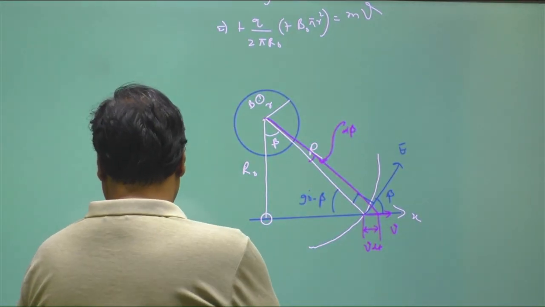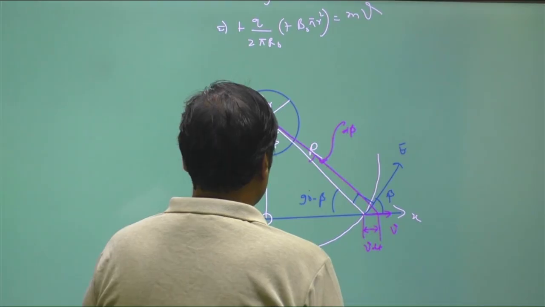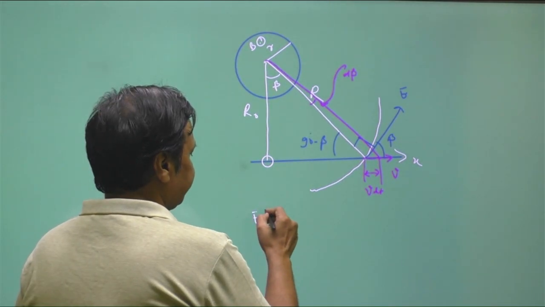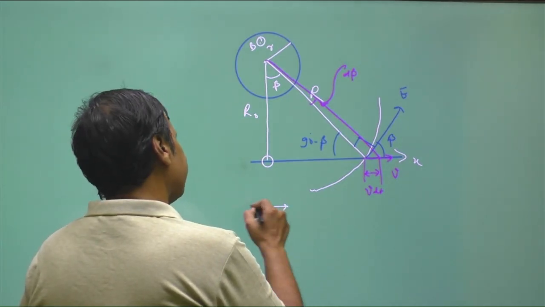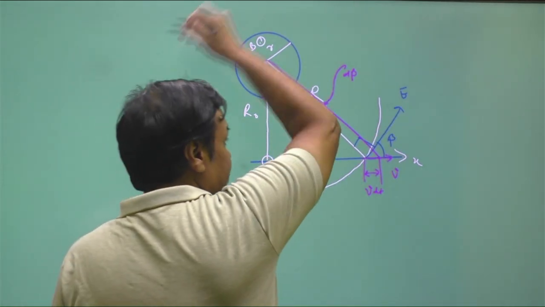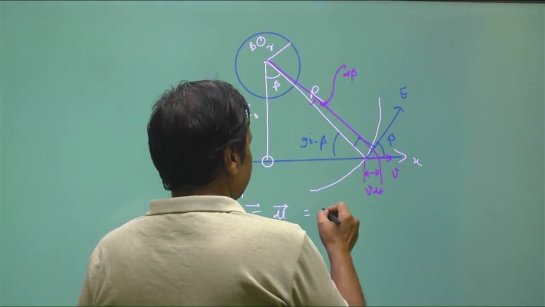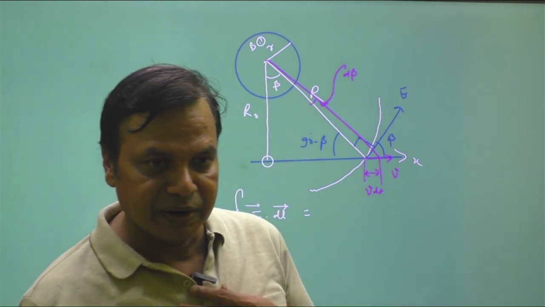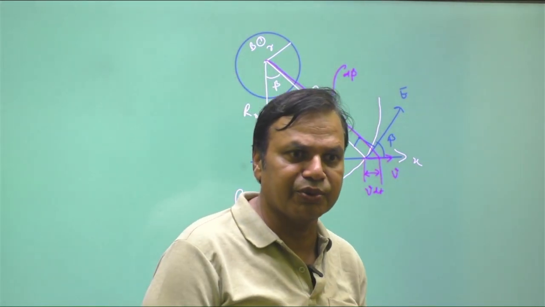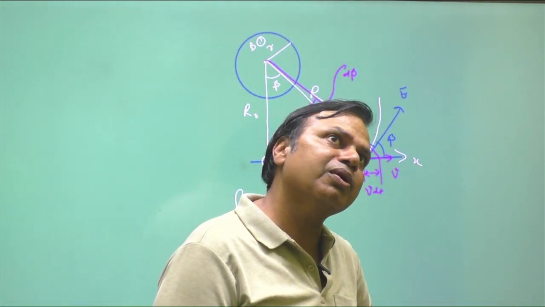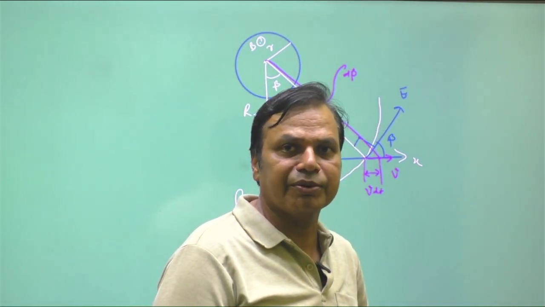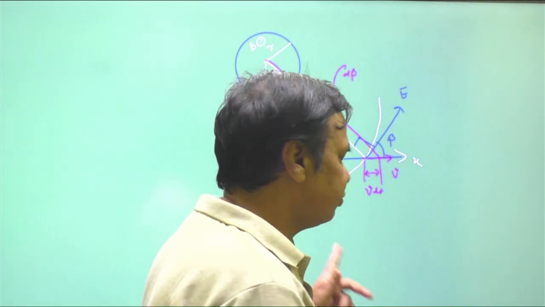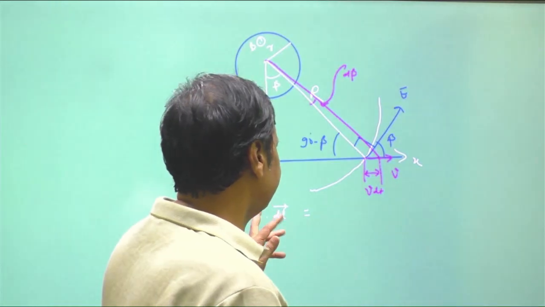So what will be the value of E here? Simply we can write E dot dl for this whole loop equal to the rate of change of flux. But this time we don't have any information about flux. We have information about the rate of change of magnetic field.